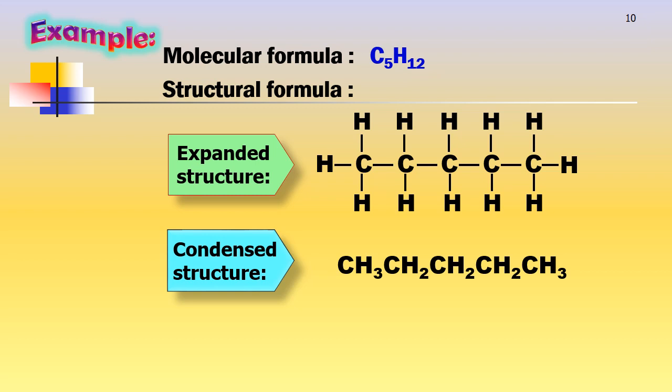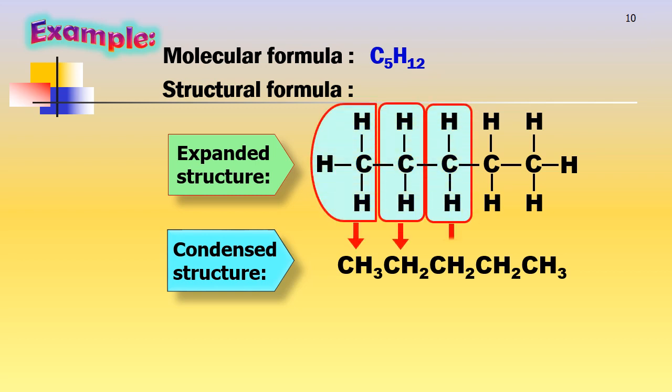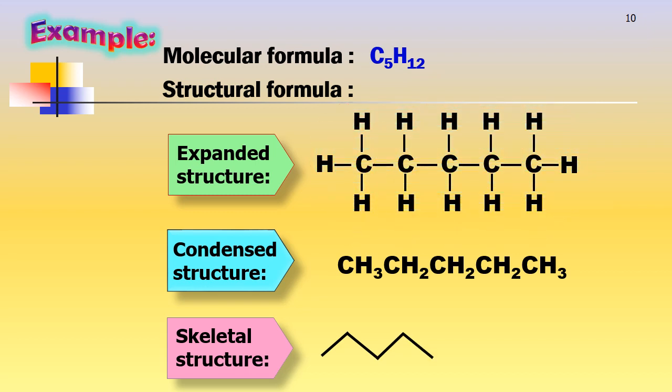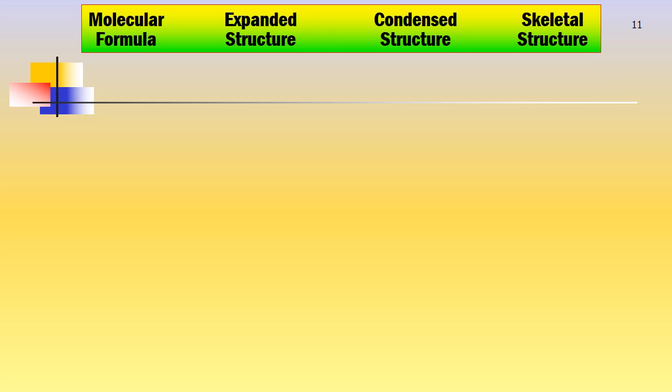In this structure, repeating hydrogen atoms on the same carbon are grouped together. The last is skeletal structure, where only the carbon skeleton is drawn by using lines or strokes. You may observe more examples on this slide.